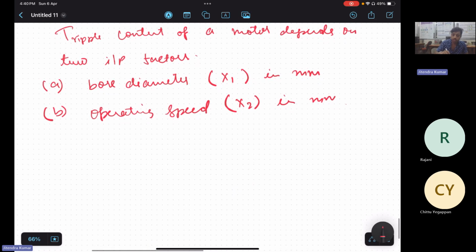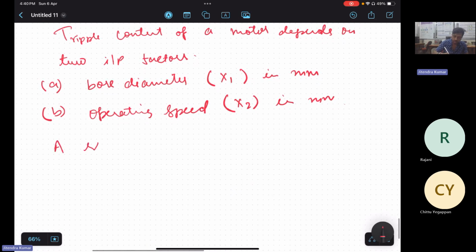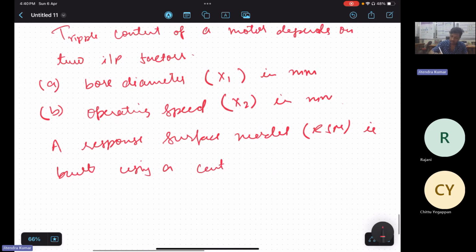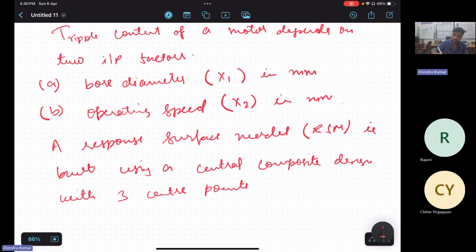Okay, a response surface model (RSM) is built using a central composite design with three center points and two levels for each factor.